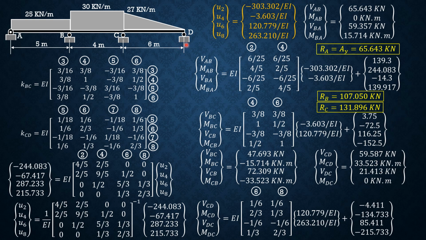Finally, for the reaction at D, it is just shear DC, and shear DC is 21.413. So it is 21.413. So that's it for this problem. I hope that you were able to follow the explanations and the solutions by the matrix approach.